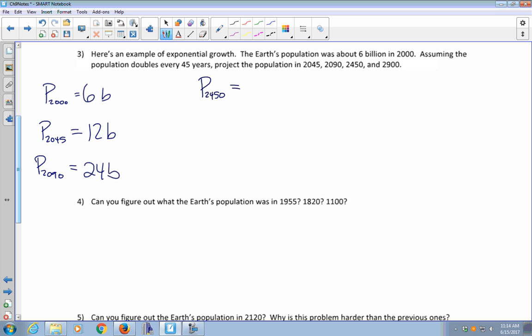That means my 6 billion people will have doubled 10 times. So I start with my 6 billion, and I have to do times 2, times 2, times 2, times 2. I have to do 10 of these, right? To multiply by 2 10 times to double it 10 times, which is the same thing as 6 times 2 to the 10th.